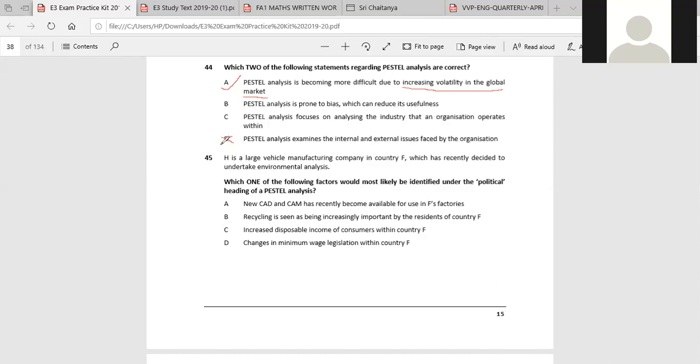It is not only one particular industry. It is about the global scenario, when there are factors which affect the economy because of its relationship with other foreign countries, foreign exchange fluctuations. Those things are also considered, isn't it?